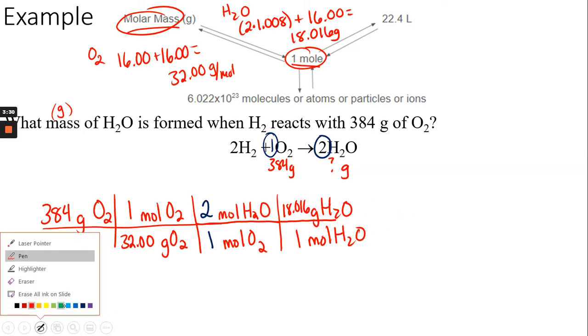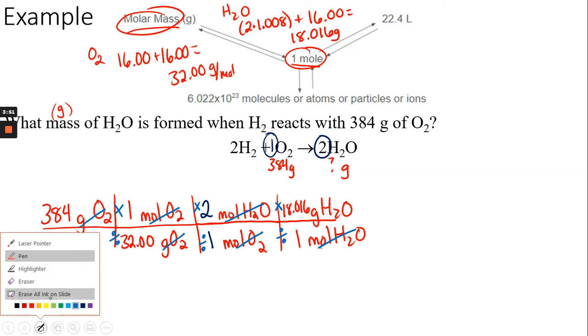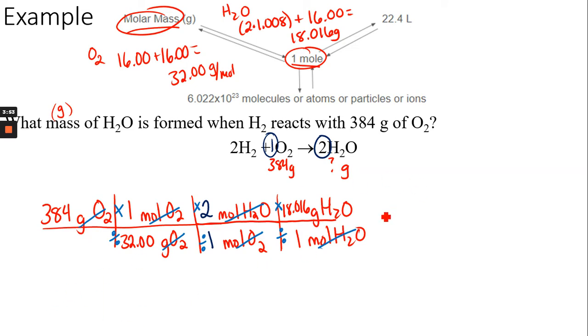Now when we multiply and divide, multiply the top, divide by the bottom, our grams of oxygen will cancel. Multiply the top, divide by the bottom, moles of oxygen cancel. Multiply the top, divide by the bottom, moles of water cancel, leaving us in grams of water. So our answer, when we multiply and divide, is going to give us grams of water.